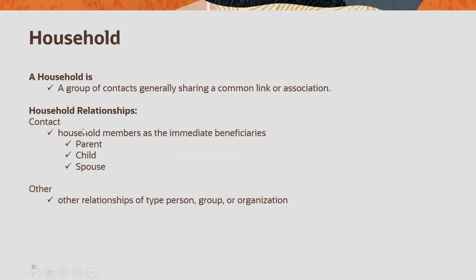The contact relationship can be a parent relationship, a child relationship, or a spouse relationship. These are immediate relationships with the contact. With other, a person can be related, like we can add as a relation, or some other group, or some other account, as a household relationship.